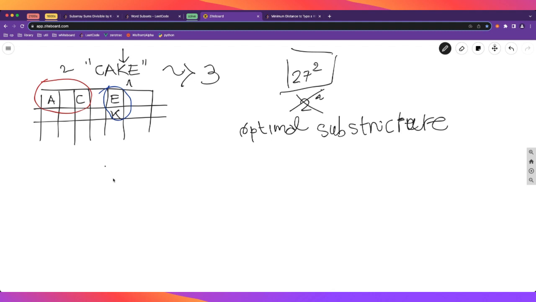Okay, so let's say that we have D of I and I, which determines where we are in the word, and then we have the letter of finger 1 and the letter of finger 2.